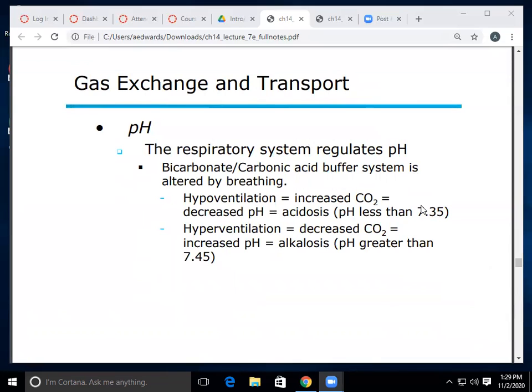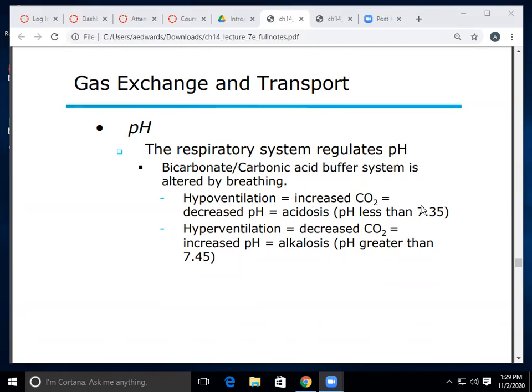Okay, now can't talk about H plus without talking about pH, right? So the respiratory system regulates your pH. And also we talked about bicarbonate. So the bicarbonate carbonic acid buffer system is affected by your breathing. Remember, hypo means low, hyper is high.